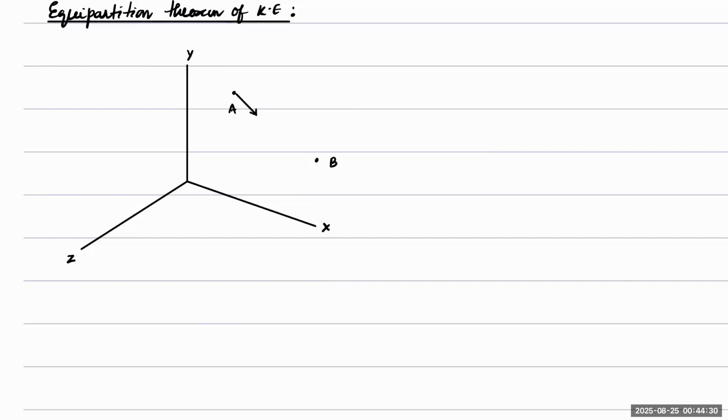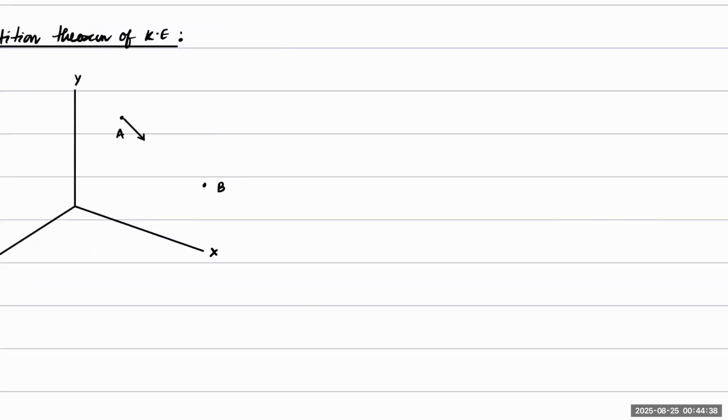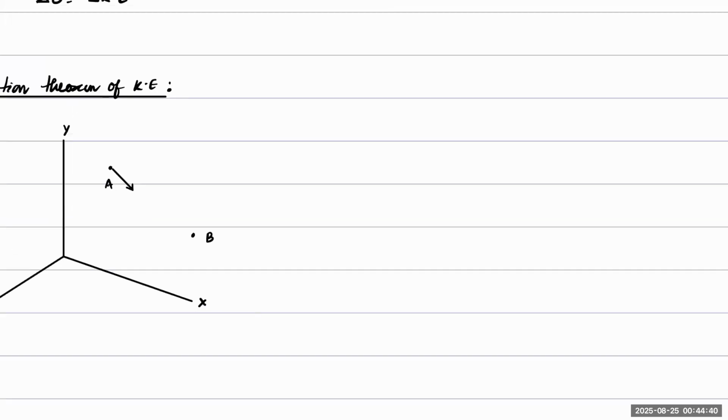Correct. If kinetic energy is changing its coordinates, which means as it moves from A to B, we say there is a change in translational kinetic energy.